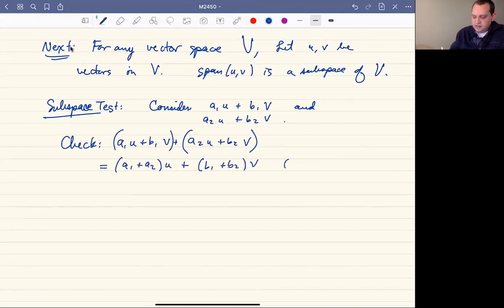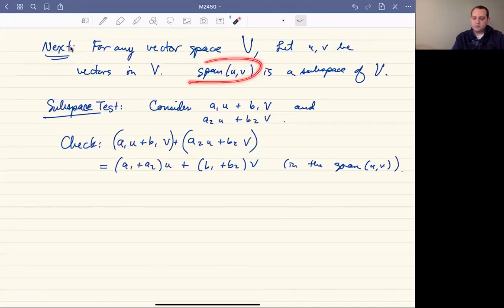And so this is in the span of U and V. So if you pick any two linear combinations of U and V, their sum is also going to be a linear combination of U and V. In other words, start with any two vectors from the span, and their sum is also in the span.